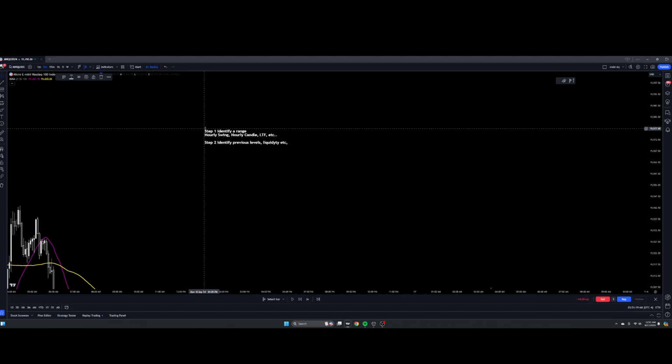And then step 3, you're going to look for it to purge liquidity or those levels, so high or low of the range, right? And then from there you can trade your breakout or you can trade the retracement.